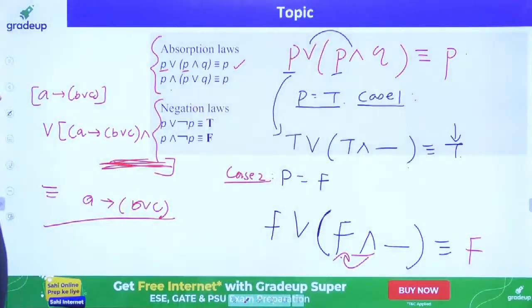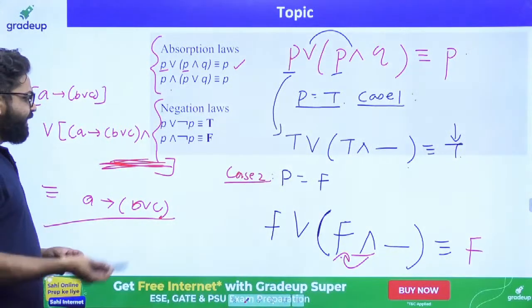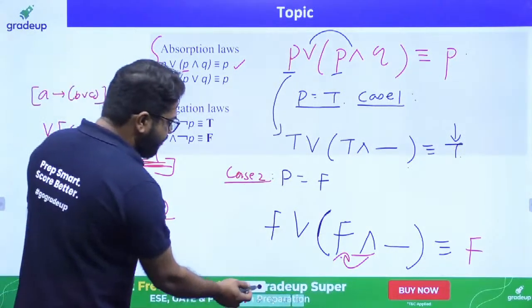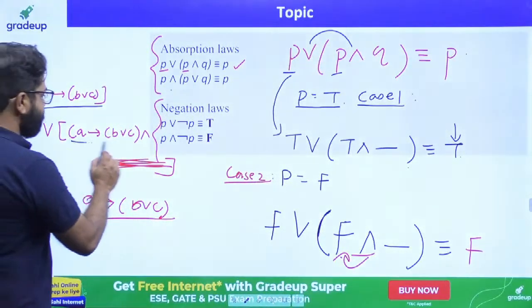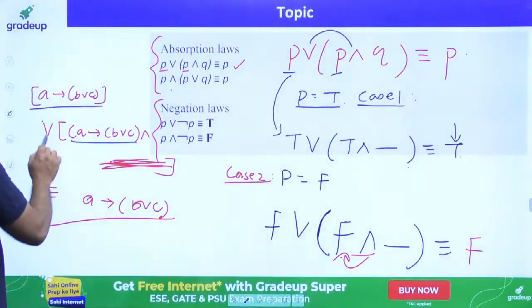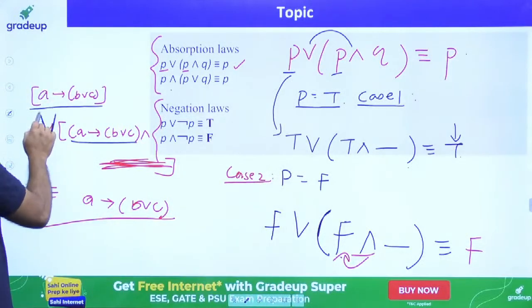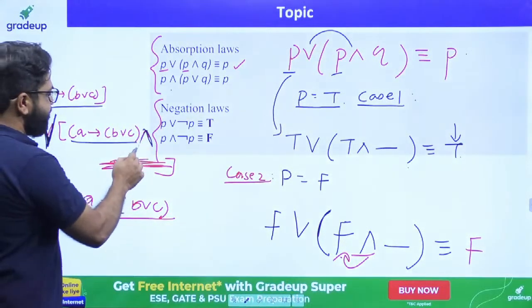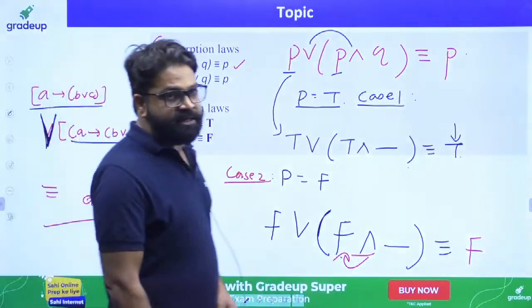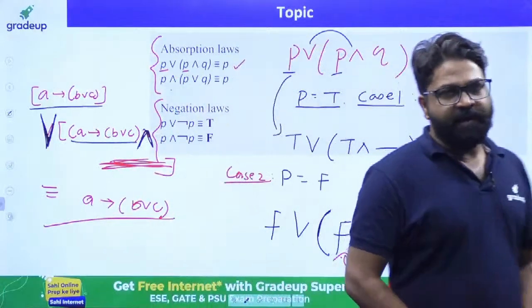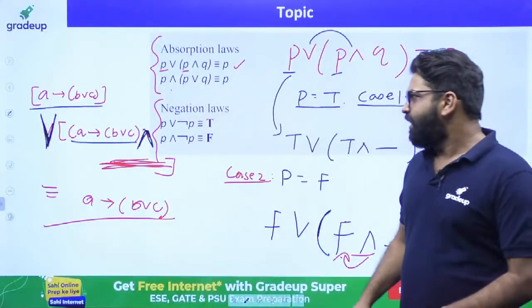I told you already: what is outside is inside, and the operator should be different. Whatever is outside is A implies B or C, inside is also A implies B or C, and see this or here and see here, the operators are different. So when the operators are different and what is outside is inside, it is basically the absorption law. In this way we can understand.